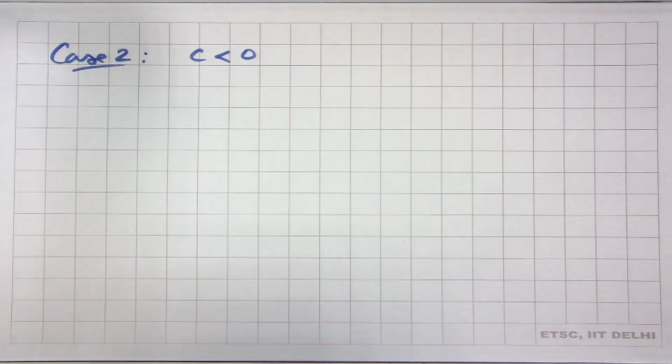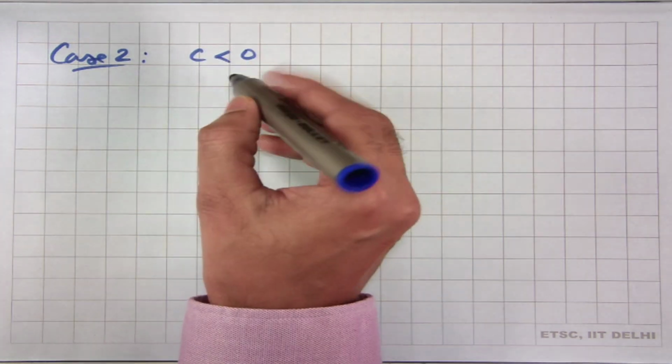If c is negative, then we cannot write m by c, that is not positive.